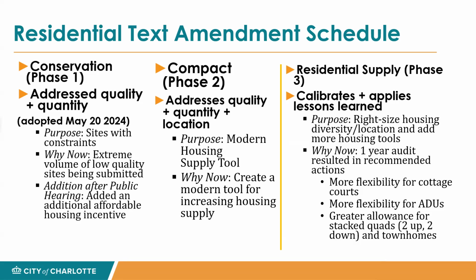Andrea, that's where we talk about where it is appropriate to have more density when proximate to centers and transit corridors, and flexibility for cottage courts. Do we get more flexibility for ADUs and potentially allow more stack quads, which is 2 units on the top and 2 units on the bottom, and potentially more townhouses? Next slide.